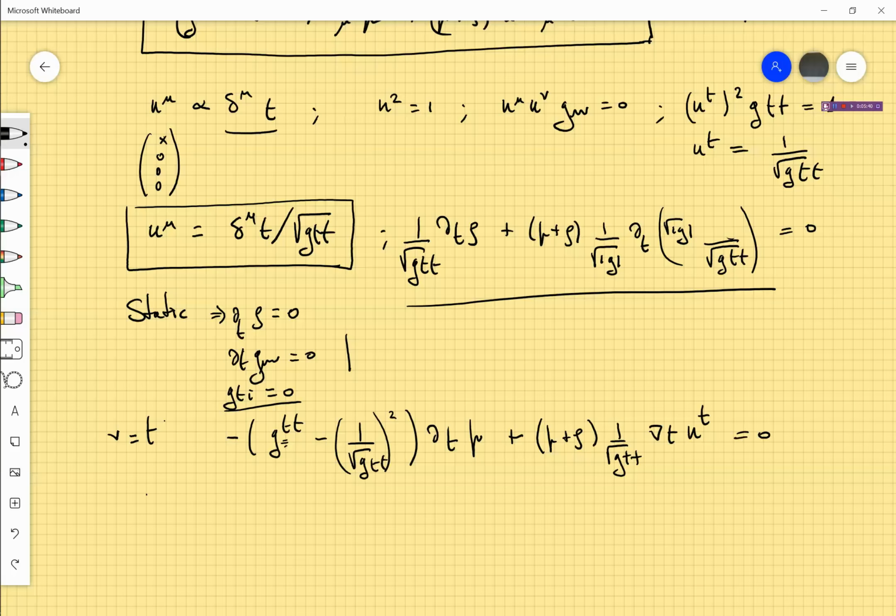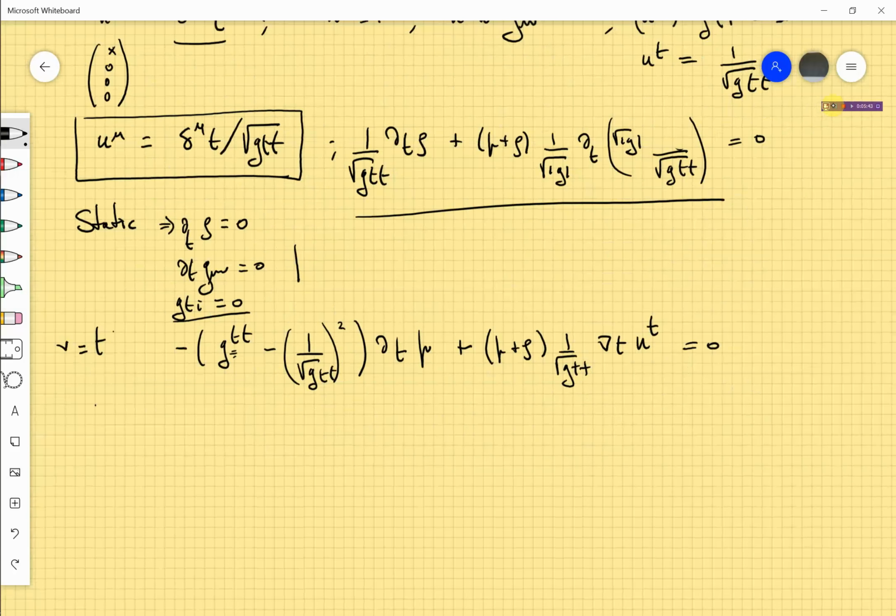And okay, this is partial_t plus partial_t u_t, which is going to be 0, plus Gamma u^t, and the only possibility is t because it is contracted with this.